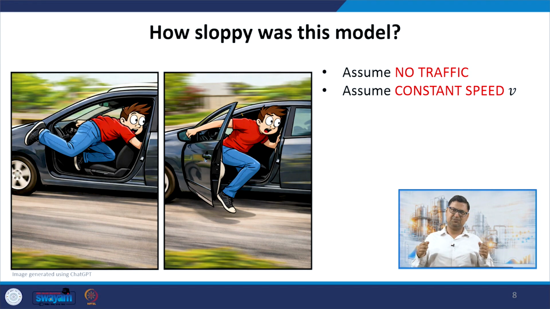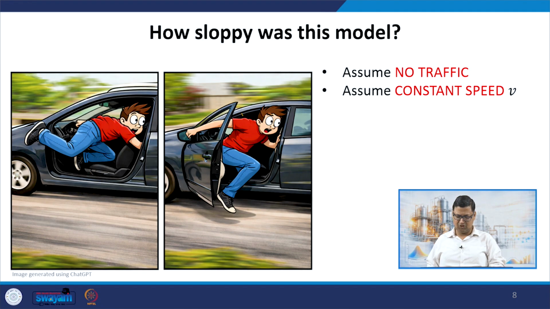Typically speaking, let us say I start from A. In the beginning, my car will have 0 velocity. I will accelerate the car, go to a certain velocity, that is my maximum speed on a free road, and then I will drive until very close to point B, and then again I will put a brake or slow down the car until it comes to a complete halt.